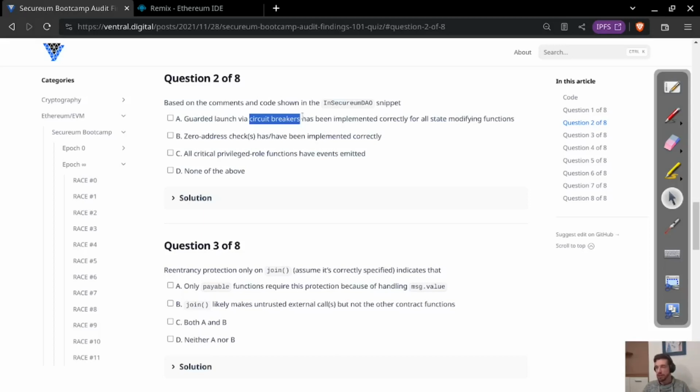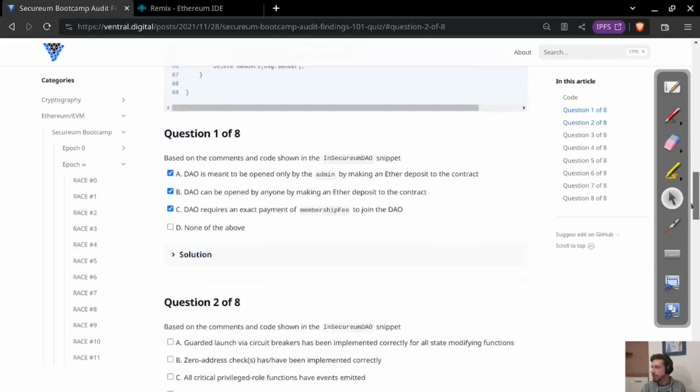A guarded launch via a circuit breaker, maybe you launch your protocol with a circuit breaker, which you later turn off because you think, okay, I don't think it's necessary anymore. Maybe that's the intention here, but not sure. Either way, there is no guarded launch or circuit breakers in the code.